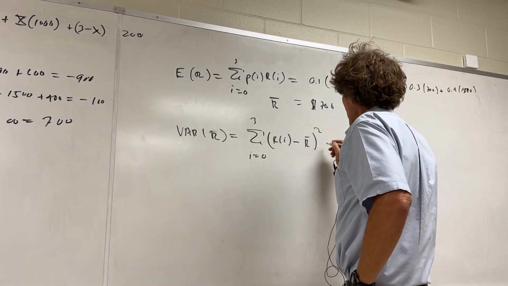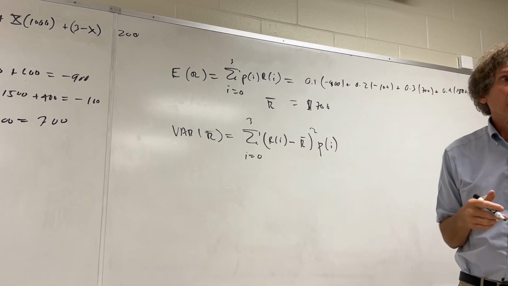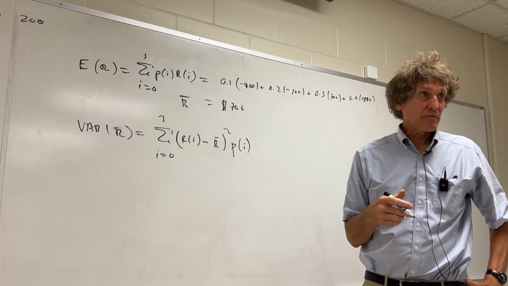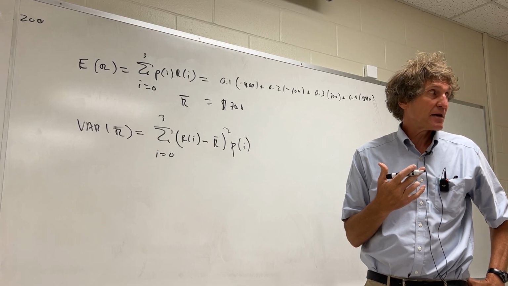Then you have to square that, times the probability of each of these things. Do y'all follow me? Everybody with me on this for the standard deviation? Again, I'm just applying the formula that I gave you, and I'll give you some problems later on.